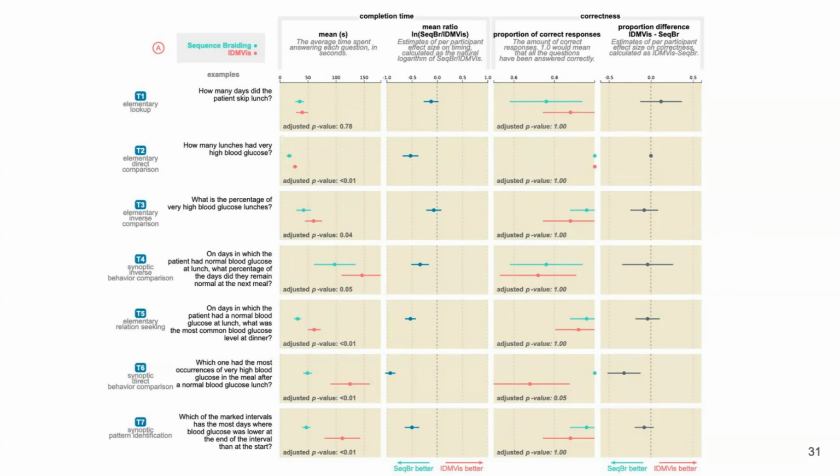And without going too much into details, turns out that if this dot is more towards the left, it meant that my system was better, in this case for completion time. And if it was more towards the right, it meant that the other system was better for that task in particular.